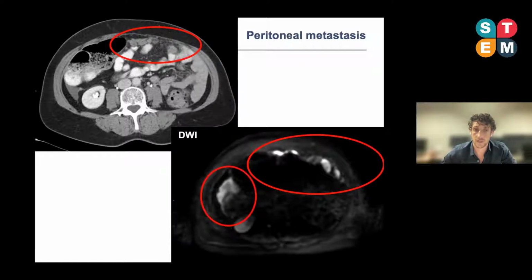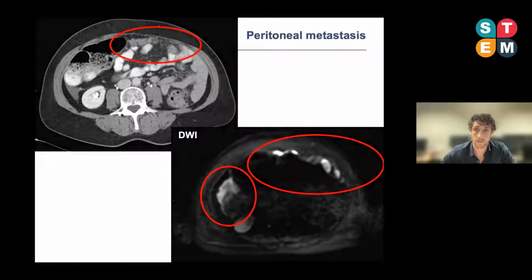What you also can see is that some ascites in the paracolic gutter on the right side also lights up. That's quite strange, because the water should be black. So there's also something going on, this malignant ascites in this patient. That's something you cannot say anything about on CT, but with MRI, it can really help you to see whether this is malignant ascites in some cases.